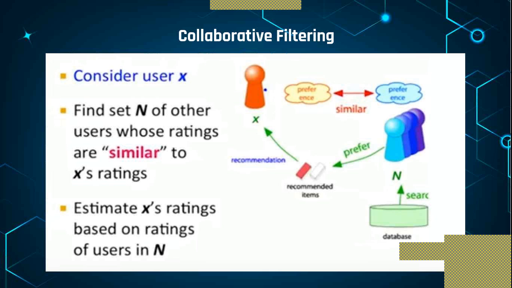That is called the similarity function. We can find out the similarity function, and according to that we are predicting the item to the user.